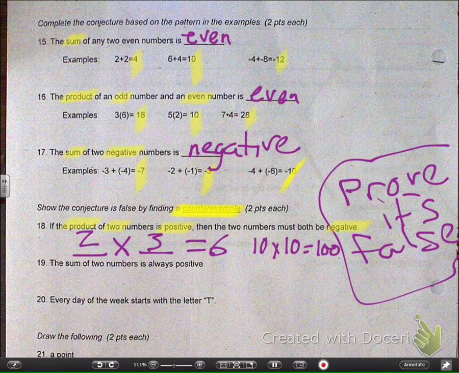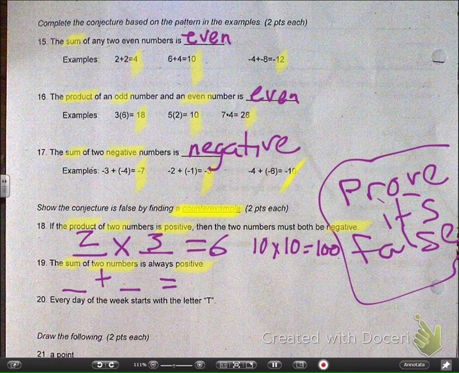All right, the sum of two numbers is always positive. What should I highlight? Sum. Okay, and we need two numbers, and it's going to be positive. Okay, so what do I need in my equation? Since it's the sum, I need a what? A plus sign.